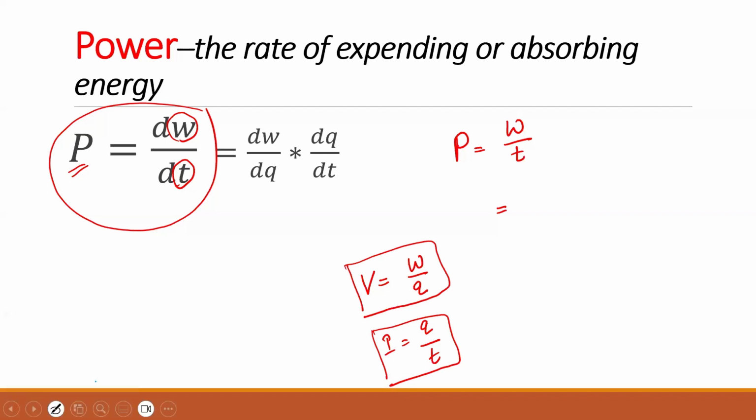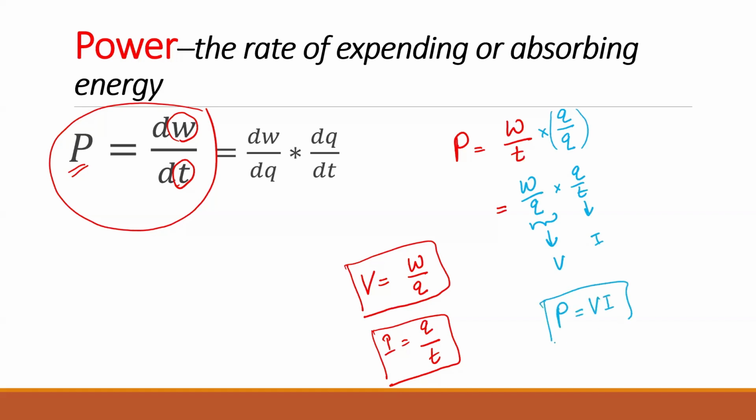If I multiply and divide by Q, I'm not doing anything wrong because I'm dividing and multiplying by the same number. We can rearrange this, so this gives you the voltage and this gives you the current. So power is equal to voltage times the current.